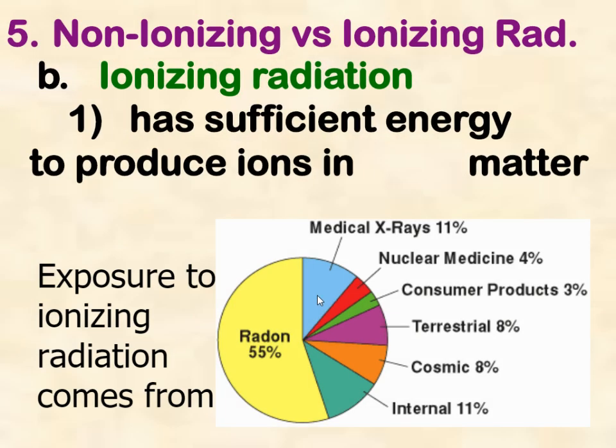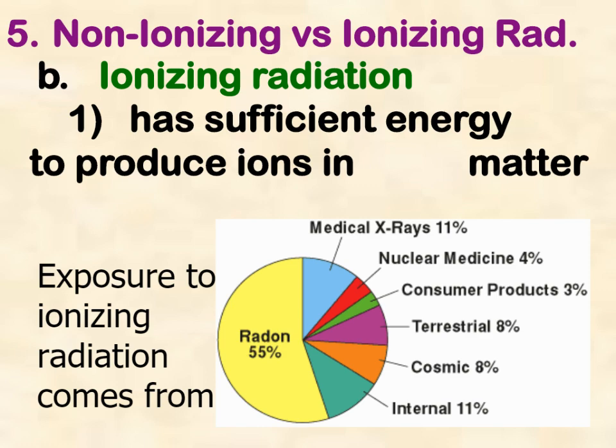Ionizing radiation has sufficient energy to produce ions. Exposure to ionizing radiation comes from things like X-rays, cosmic rays, and radon. Radon is actually a substance that can be very harmful to you.